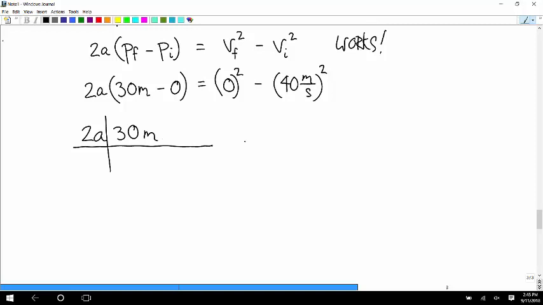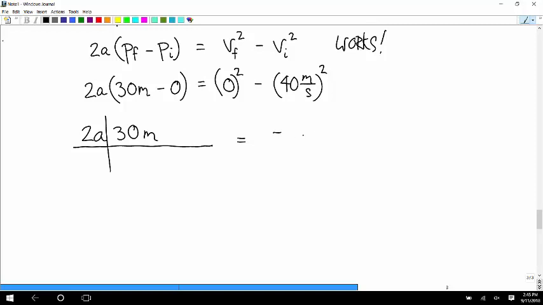And then on the other side, we have 0 minus whatever this is. Notice we do the square before we take the negative, so that we have the negative.